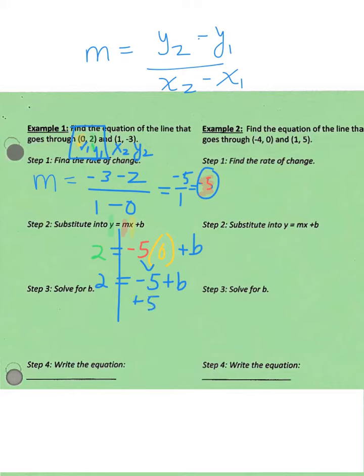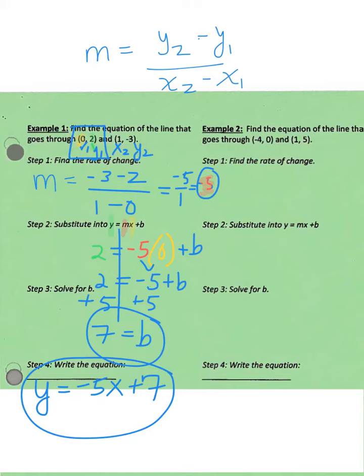And I'm going to add 5 to both sides, giving me that b is 7. So the equation of my line, I'm going to replace m and b with the values I found. So my equation is y equals negative 5x plus 7.